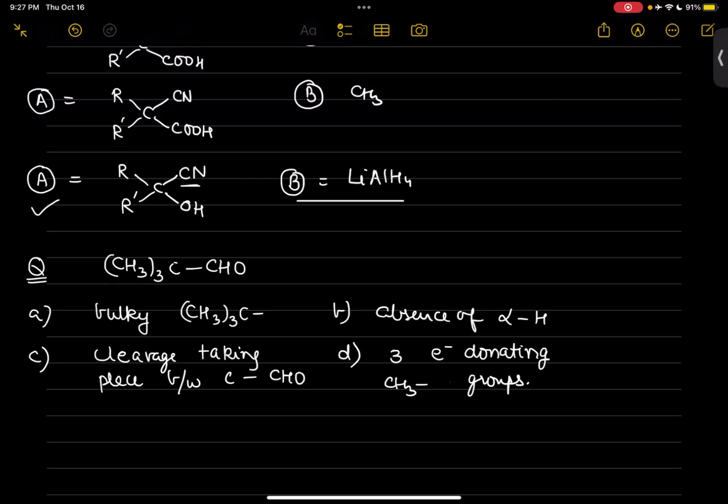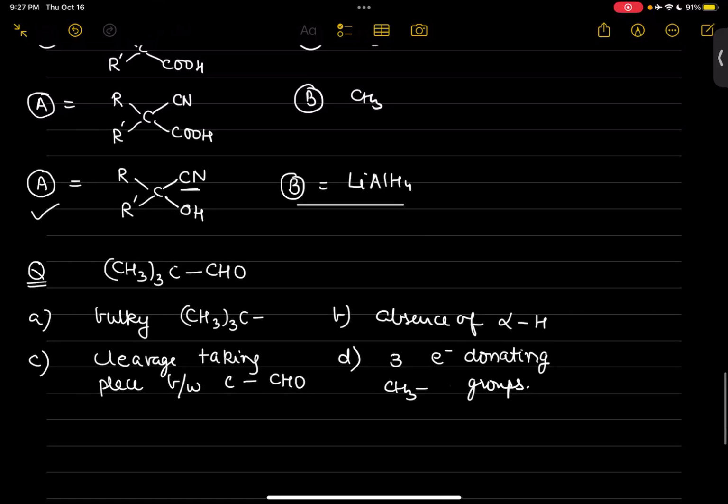Getting my point or not? What is the answer? Very simple question. And it starts when we start studying aldol and Cannizzaro reaction.